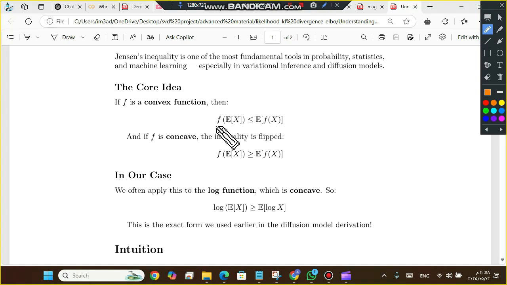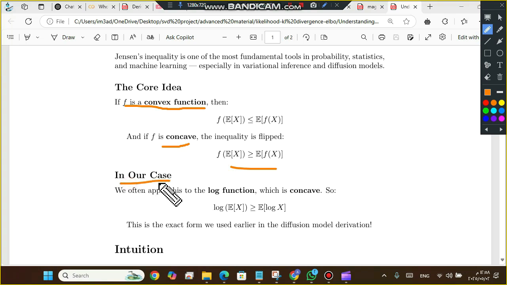It says that the function of the expectation of x is always smaller than or equal to the expectation of the function of x, if the function is convex, and if the function is concave, it will be the opposite.